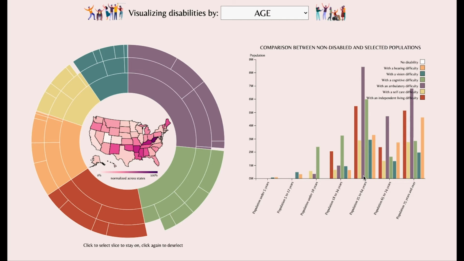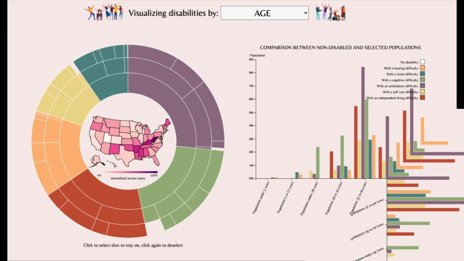This is perhaps because 35 to 64 is a wider age range as compared to 65 to 74 years old. However, hearing difficulty peaked at 75 years and above, even though 35 to 65 is a wider age range. These cross-type comparisons are easily made through looking at the bar graph.